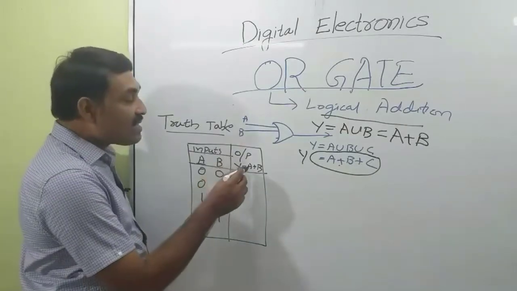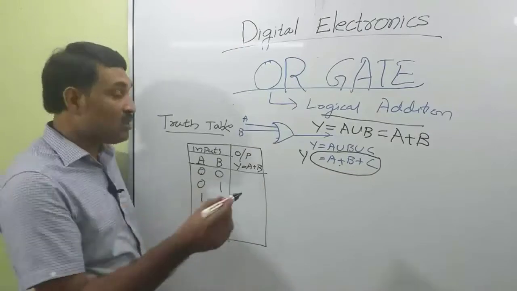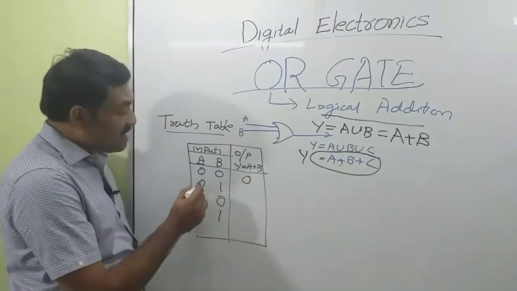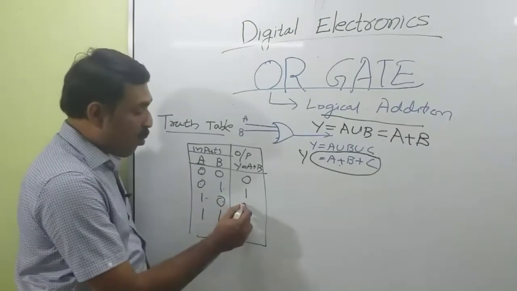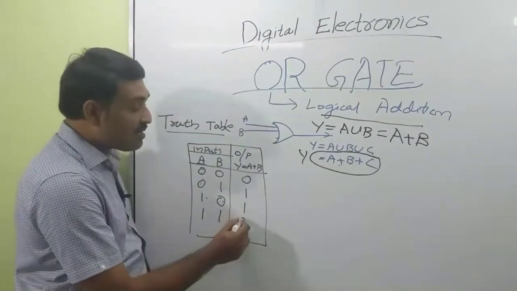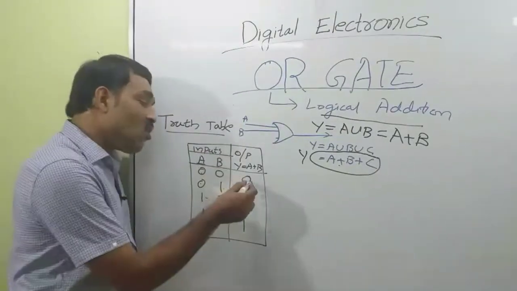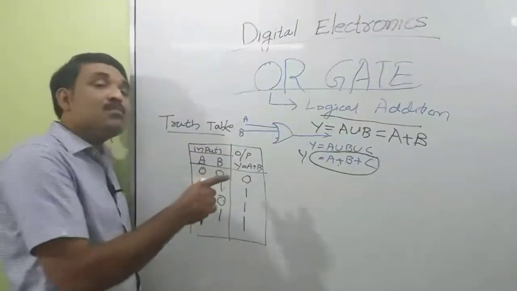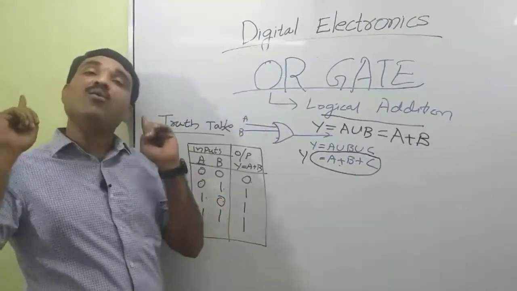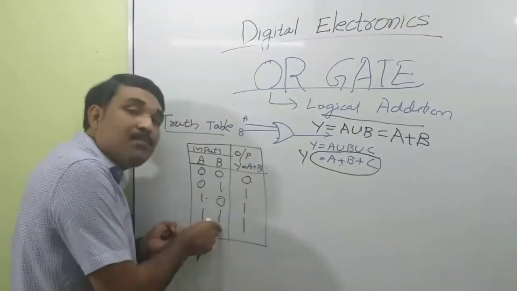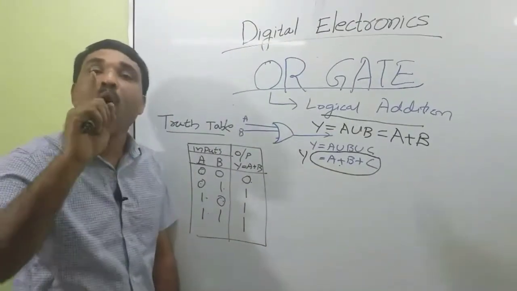So Y is equal to A plus B. Here both are low, so 0 plus 0 is equal to 0. 0 plus 1 is 1. 1 plus 0 is 1. 1 plus 1 is 1. So in this operation, the output is 0 only once, that is when both inputs are low. In all other cases, that is when any one of the inputs is high or both inputs are high, the output is high, that is 1.